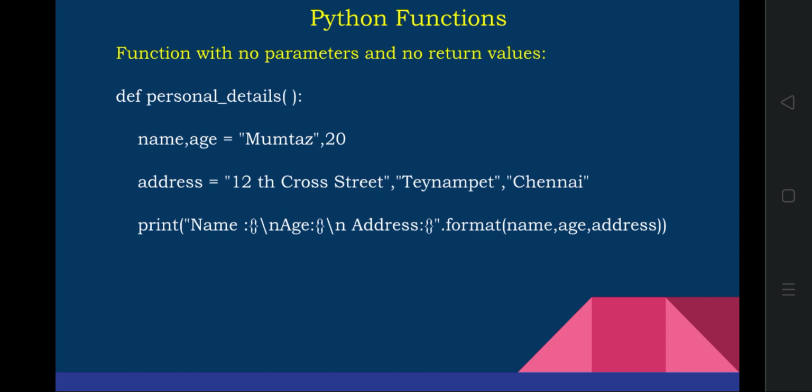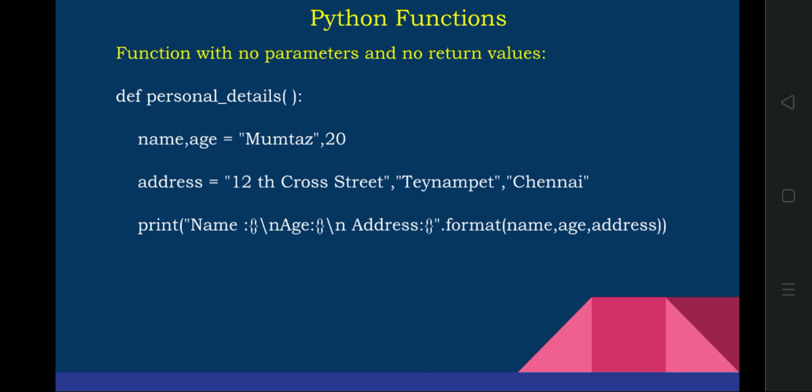And within the format, what has to be formatted? We have to format name, age and address. So name, age, address are the variable names that have to be formatted using the formatting statement like name, colon, then curly braces, slash n. This slash n gives the values on the next line, one by one. It gives the answer line by line.